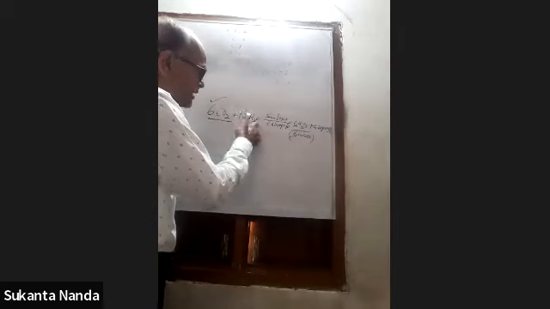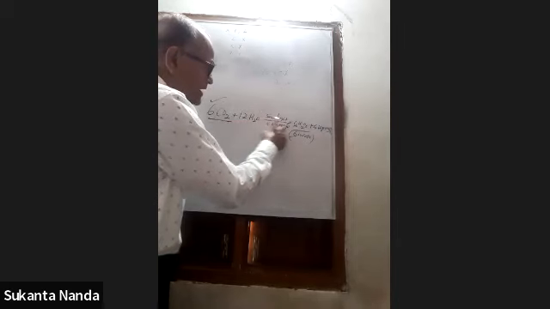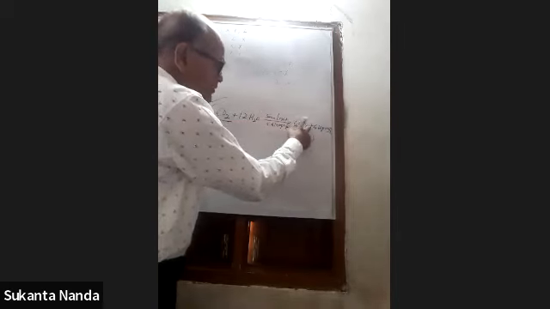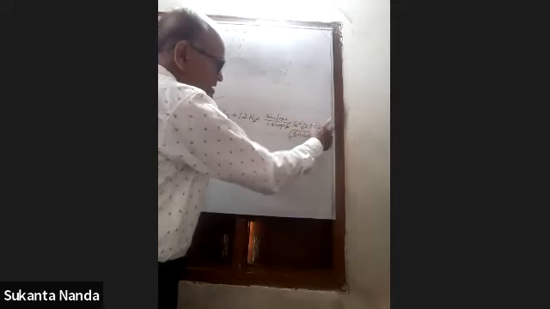So this is the chemical equation of photosynthesis: 6CO2 plus 12 H2O, with sunlight and chlorophyll, gives C6H12O6 and 6H2O and 6O2.